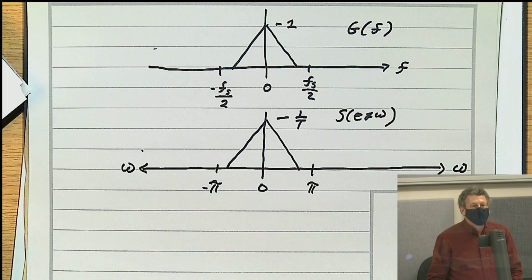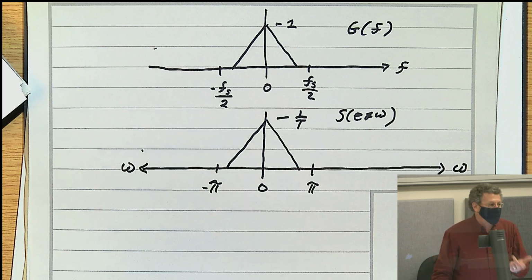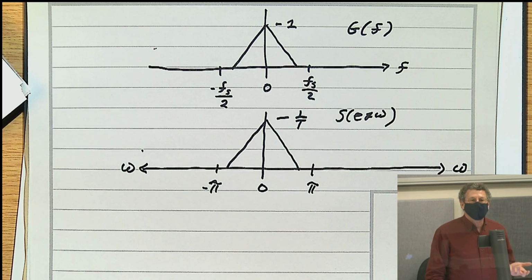So this is the highest frequency, and you may have heard that the highest frequency that you can support with the sampling system is half the sampling rate. Put another way, if you have an audio signal that goes to 3 kilohertz, you have to sample at twice the maximum frequency.